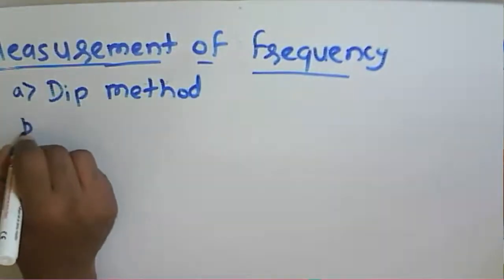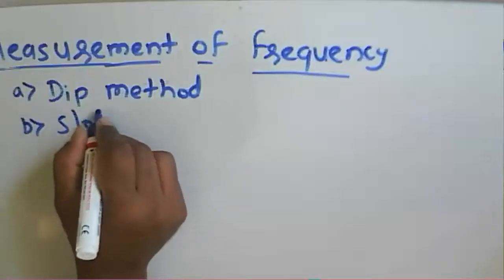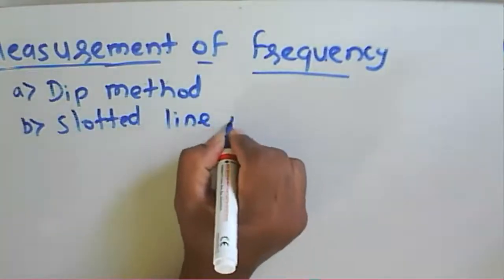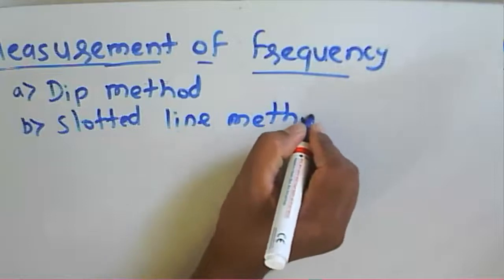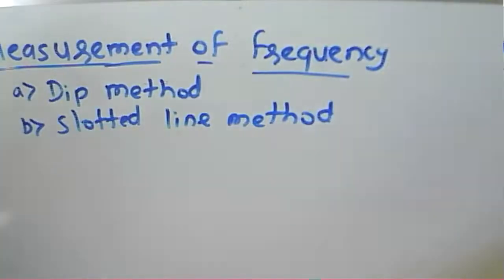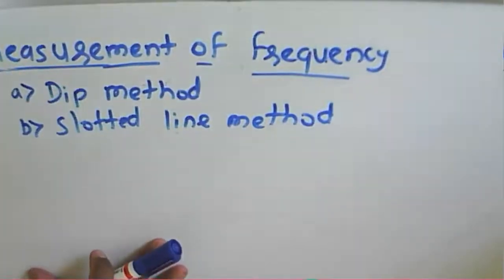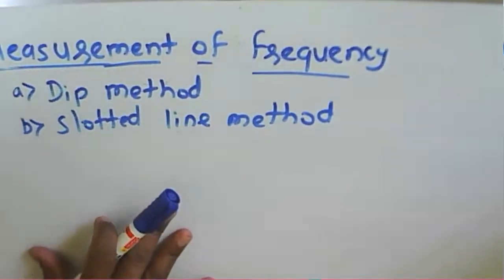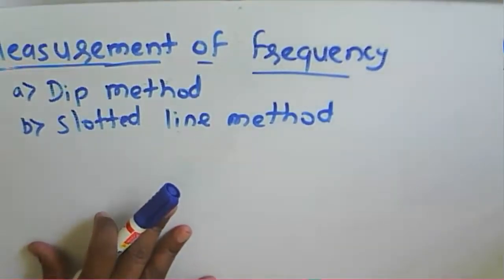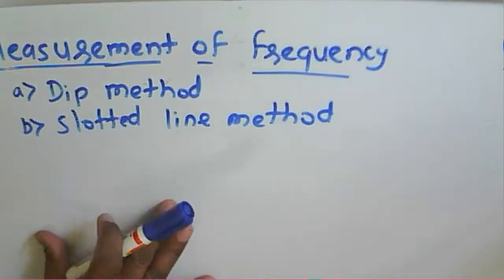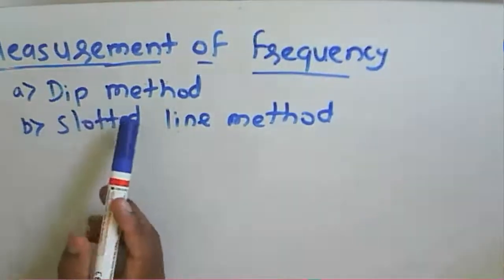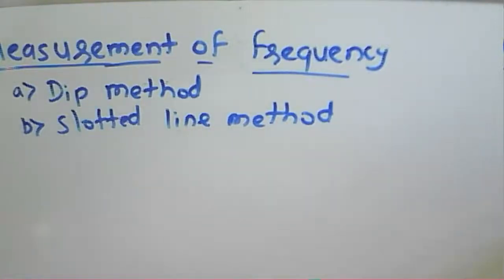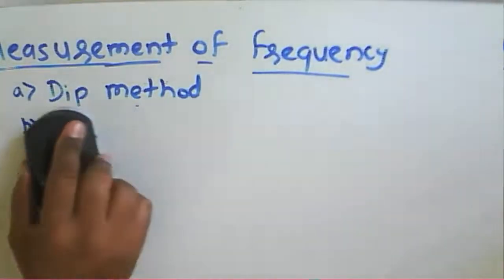Another one is the slotted line method. These are the two types of microwave frequency measurement. First is the dip method, and then we will see what the frequency is using the slotted line method.